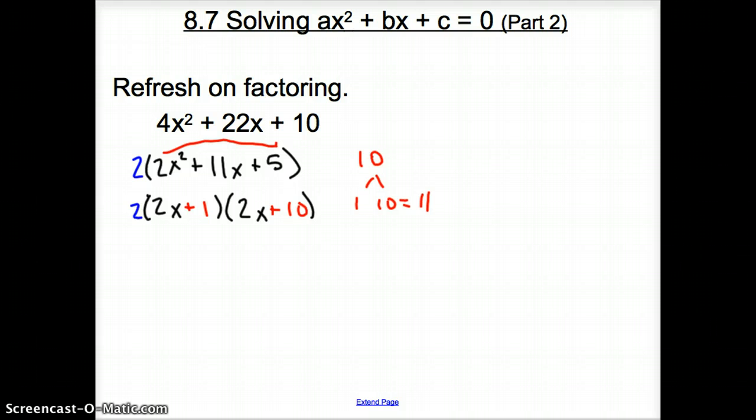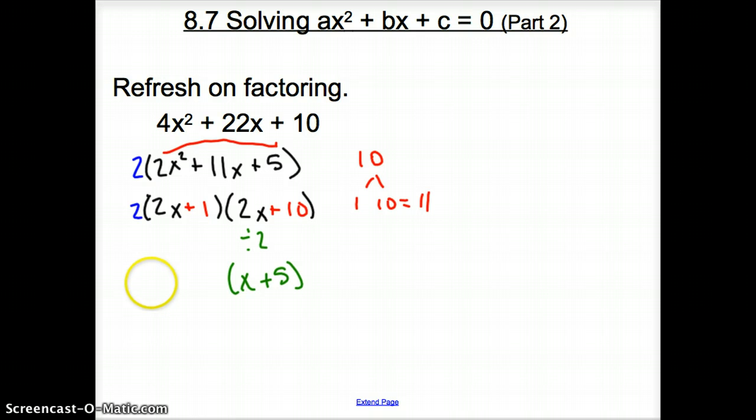But now, before we finish, what did we put in each parenthesis to start? We put a 2 to start, so I have to take a 2 out. I have an extra 2 in there. Well, I can't take a 2 out of this 1, but I can take it out of this 2 and this 10. So that's what I'm going to do. I'm going to divide out that 2, and so now I'm going to be left with x plus 5, and then bring down everything else that you did not use.